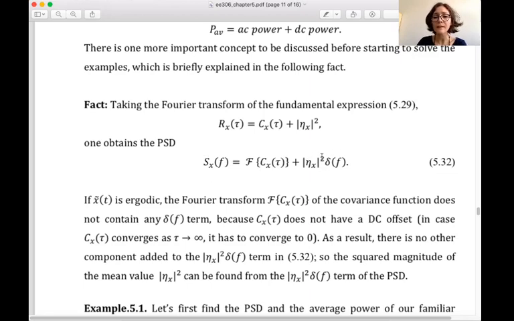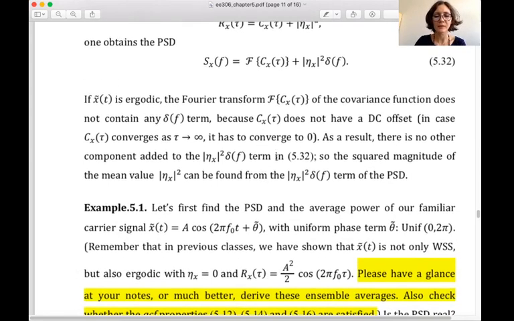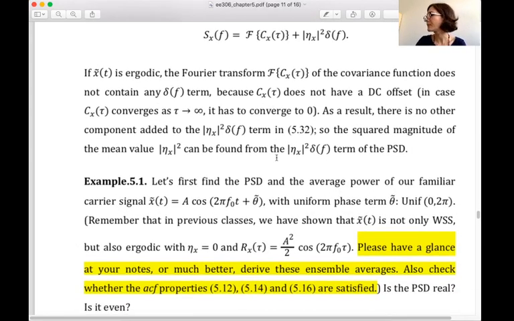If it does, the strength of that impulse, eta x squared, is the DC power of your process. You're sure about that if your process is ergodic. Otherwise, if you integrate the remaining parts, you get the AC power of the process. This is actually practical. We will see some exercises on that.